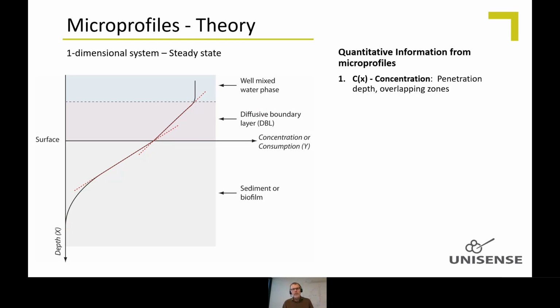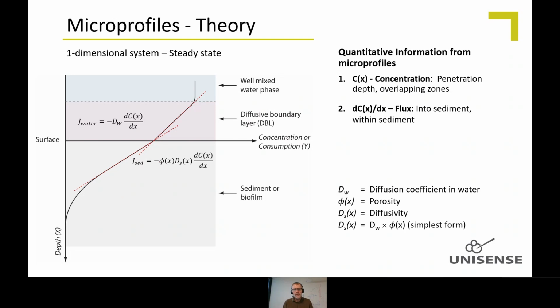So, the quantitative information you can get from such a profile. First of all, you can get the concentrations. If you are interested in organisms living here in the sediment, you can see what concentrations they are actually exposed to. If you have several profiles of different solutes, you can investigate overlapping zones and see what the concentrations are. You can also calculate fluxes.